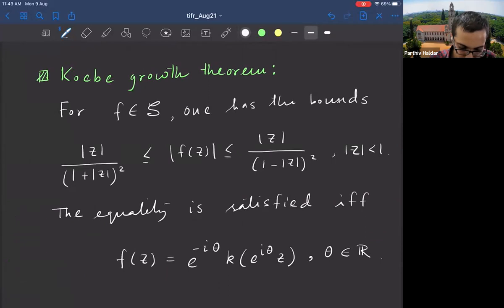To start with, there is a theorem called the Koebe growth theorem, which gives two-sided bounds on the modulus of a univalent function normalized in that way, of this form. The equality is satisfied if f(z) is a rotation of the Koebe function, which is of this form.